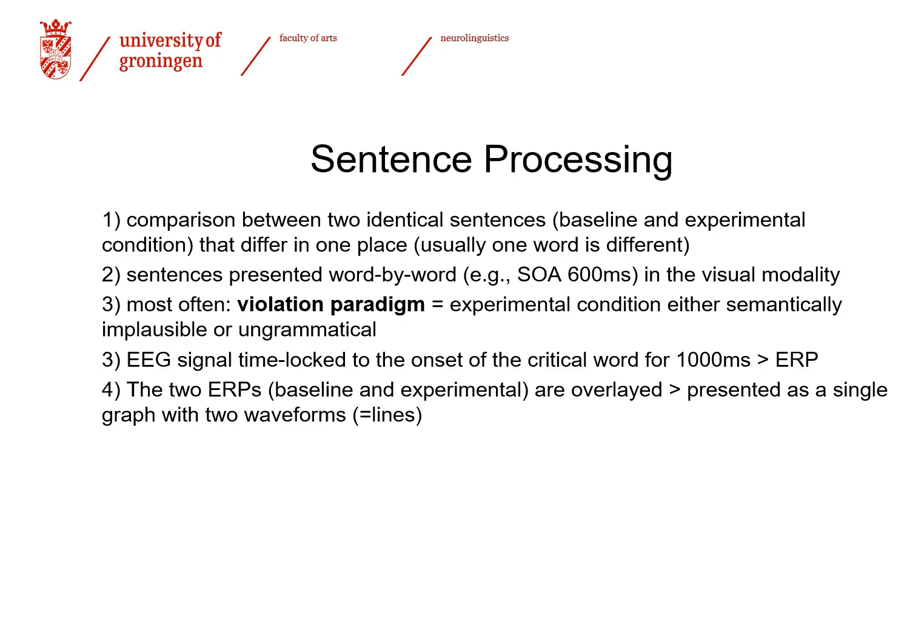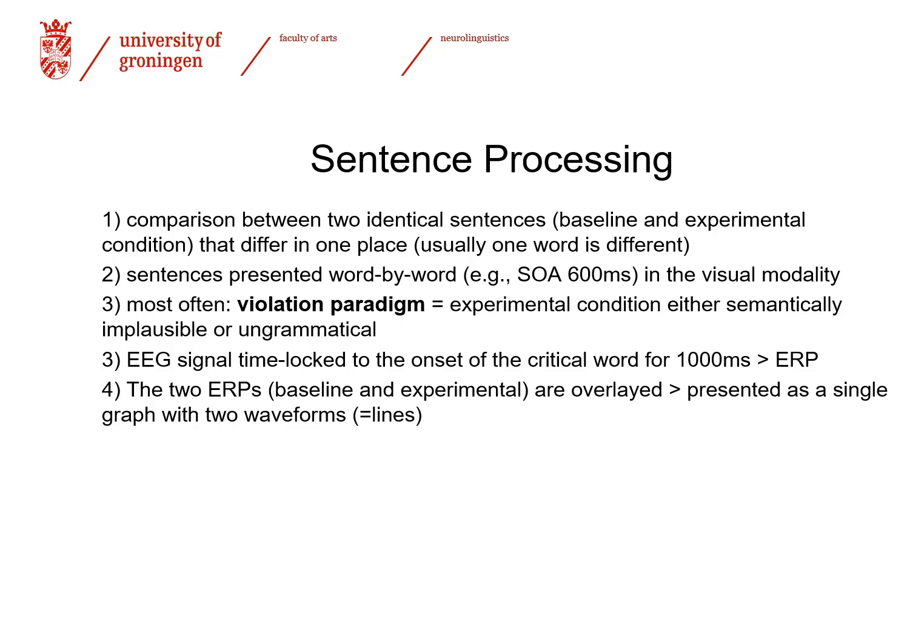Let's imagine a relatively simple study with two conditions. These two conditions would consist of sentences that are identical for both the neutral, that is the baseline condition, and the experimental condition. And the only difference in a neatly designed experiment would be in one place or in one word.